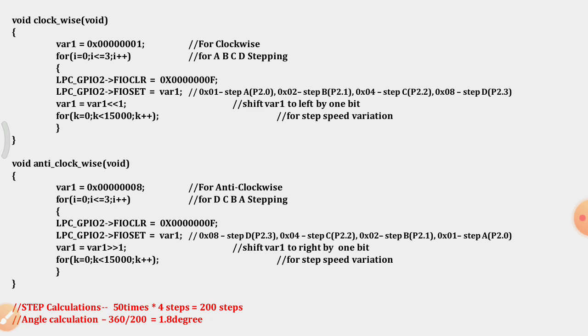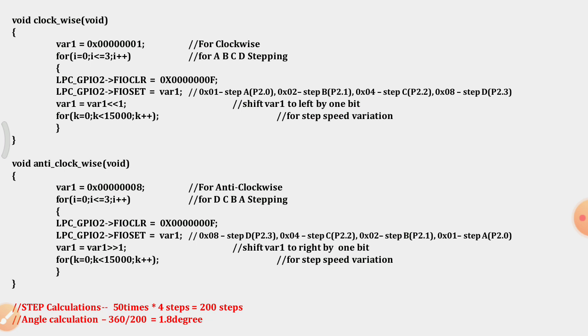So the step A is activated now. Then in the next line, I am shifting the var1 value to the left side by 1 bit, by 1 position. Before it was 1, now it will become 2.